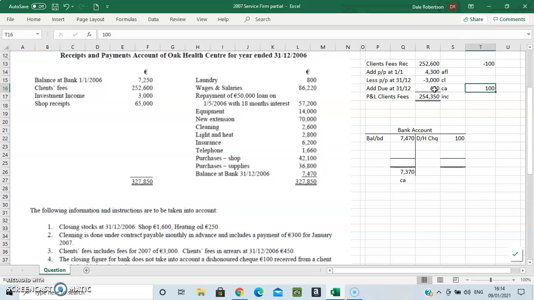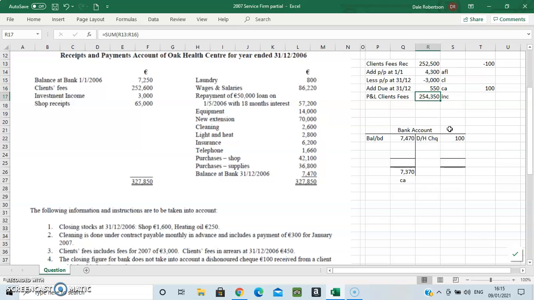So we're going to add it on to the amount due. The effect that that has is that that makes that 252,500, and it makes this 550, but that does not actually affect the client's fees. The client's fees remain at that same number, which is 254,350.